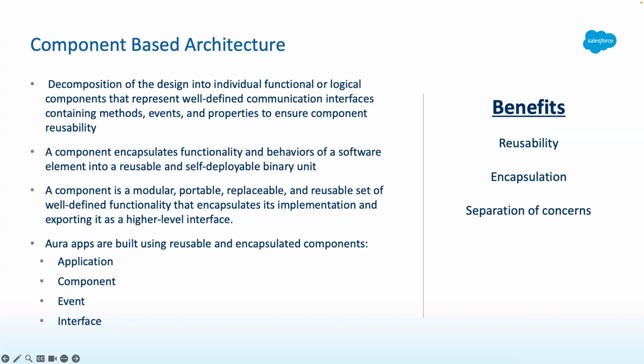Now we are not talking about a generic one. In general, we have seen that it encapsulates the functionality and the behavior. The benefit it provides is that whenever you have a component base, you're providing modularization. And whenever you have modularization, you're dividing your entire code base into multiple smaller chunks, similar to how we have seen in Apex.